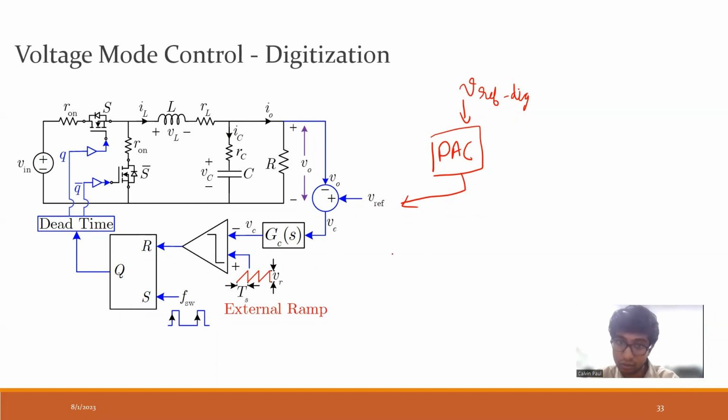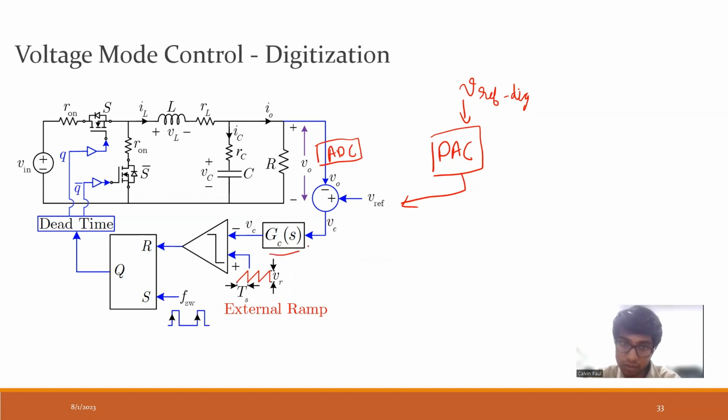Then I could go even further. VREF, I can leave it to be already in the digital domain. I can use an ADC over here. The ADC will convert output voltage into a digital value. That will be compared with VREF, which is a digital value. It will generate an error signal, which also is digital.